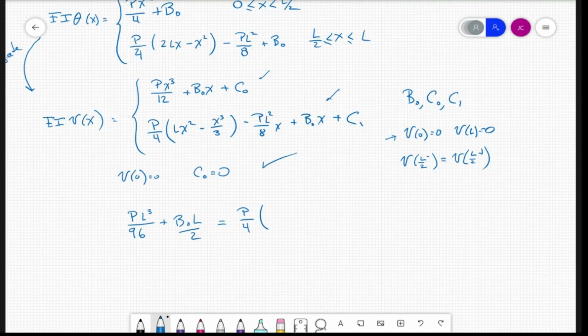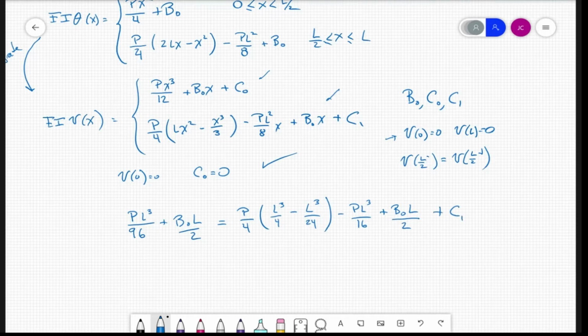So I get L cubed on 4 minus L cubed. That's on 8 times 3 is 24, right? Minus PL squared times L, that's L cubed, and I get 16 plus B0L on 2 plus C1. All right.